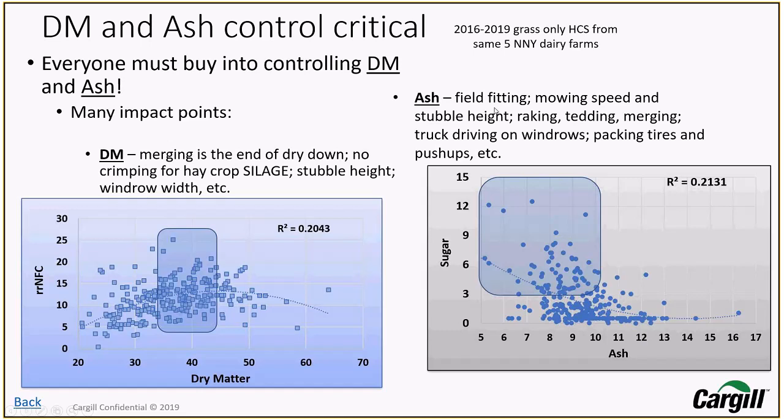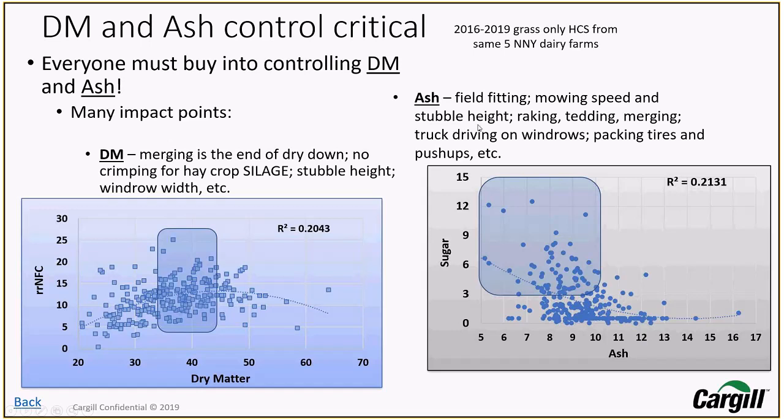But field fitting, if we've got fields that are nice and level and flat and well fitted, then we can mow at a higher speed and not dig into the ground. And we could just mow slower and accomplish some of that as well. Stubble height is hugely important.